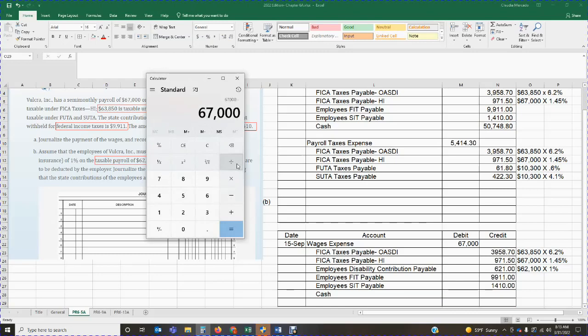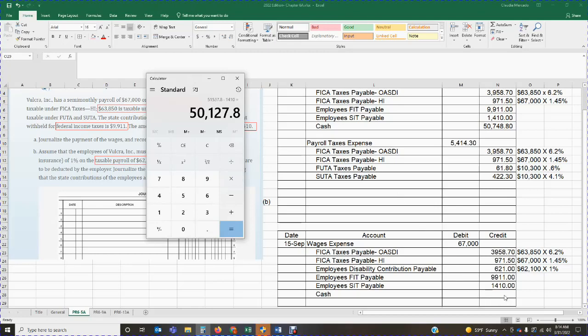I'm going to deduct the OASDI of $3,958.70, the HI of $971.50, the employee's disability insurance of $621, the federal income tax of $99.11, and the state income tax of $14.10.